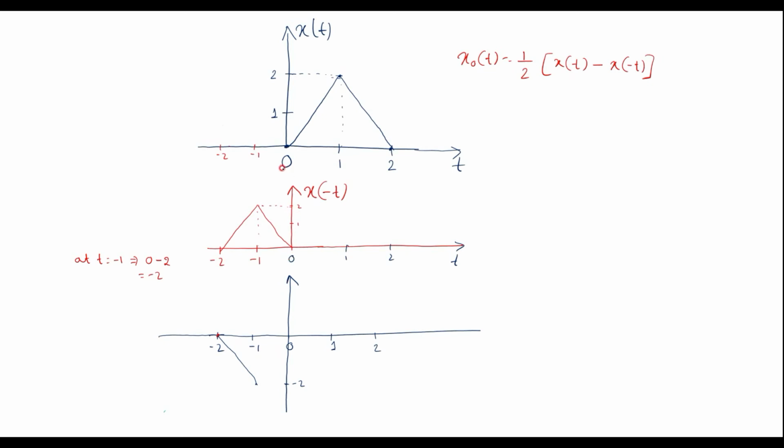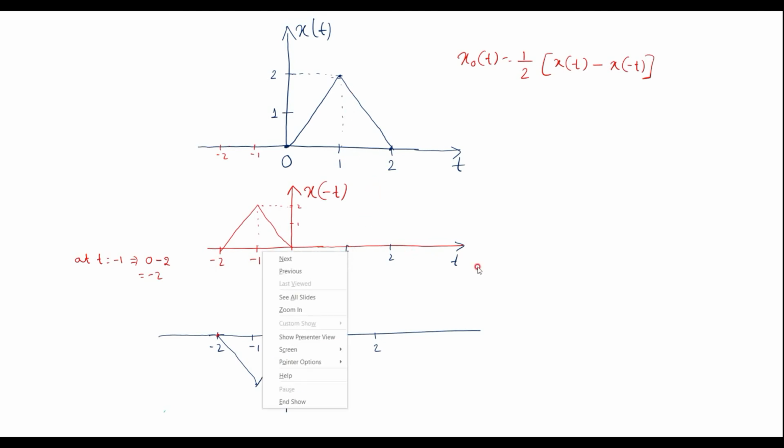Now at t equal to 0 its value is 0. At t equal to 0 its value is 0. Therefore 0 minus 0 is 0. We should join these 2 points. So now on right side at t equal to 0 its value is 0. So here it is 0. At t equal to 1 its value is 2. Here at t equal to 1 value is 0.